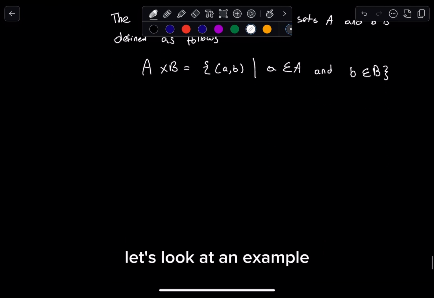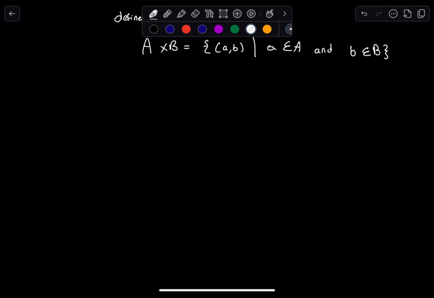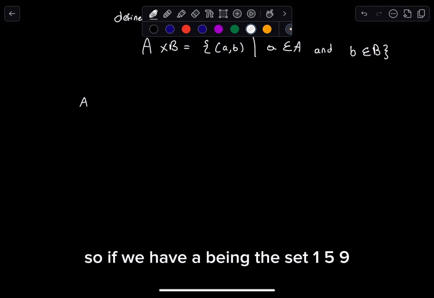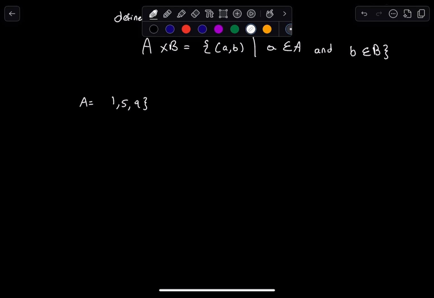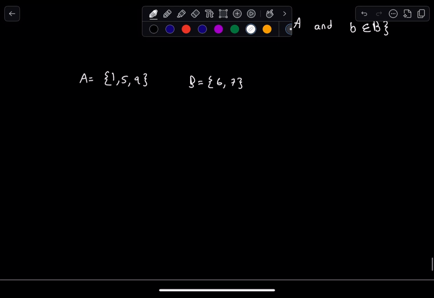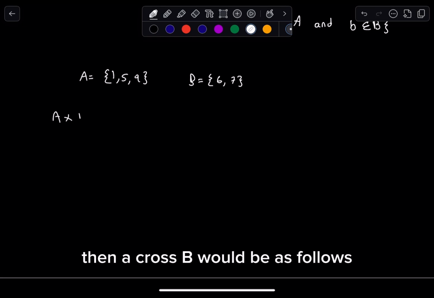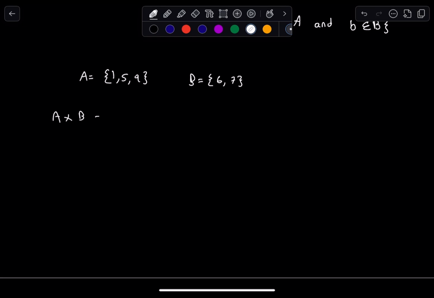Let's look at an example. If we have A being the set {1, 5, 9} and B being the set {6, 7}, then A cross B would be as follows.